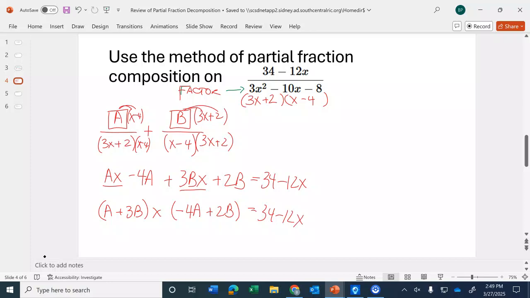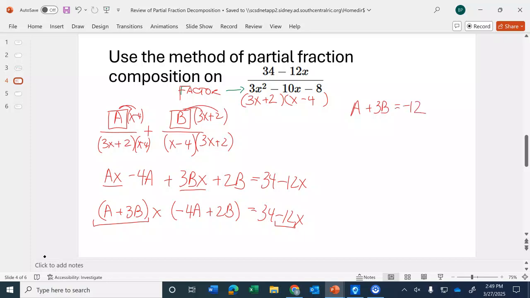Now here's where your Algebra 1 knowledge comes into play. In order to make this number sentence true here on the bottom, it has to be true that the number attached to the x, that's this piece, has to match the original question. So it must be true that a plus 3b equals negative 12.